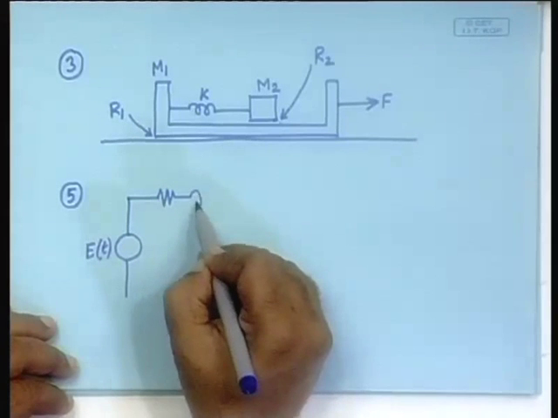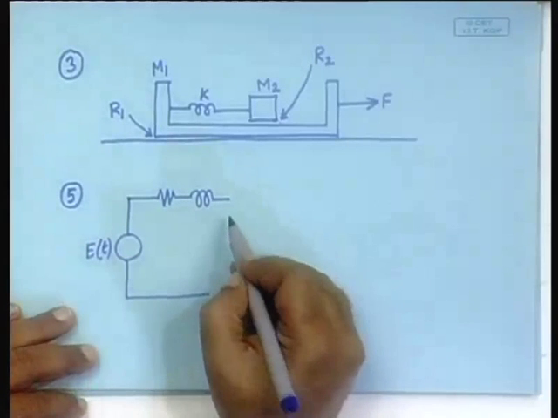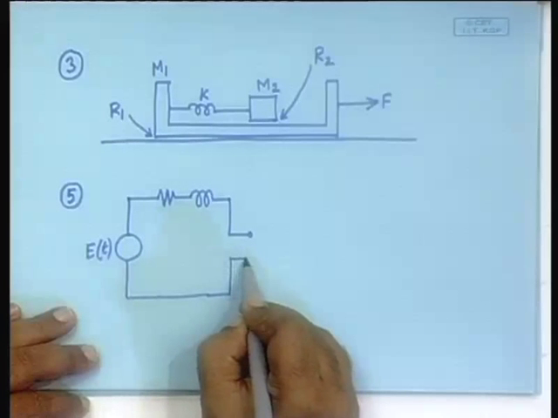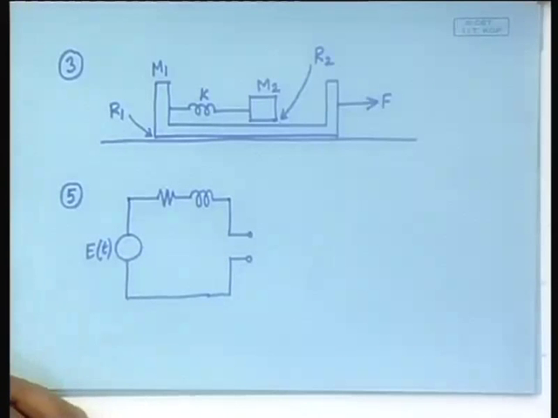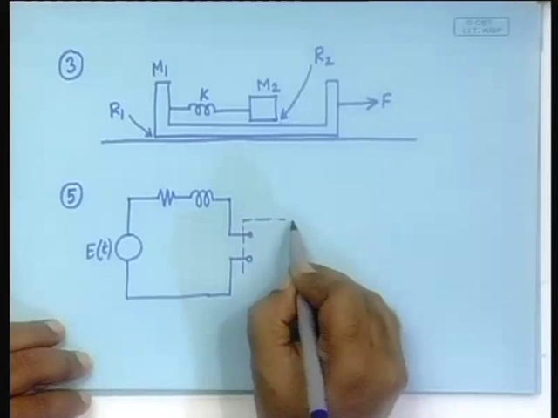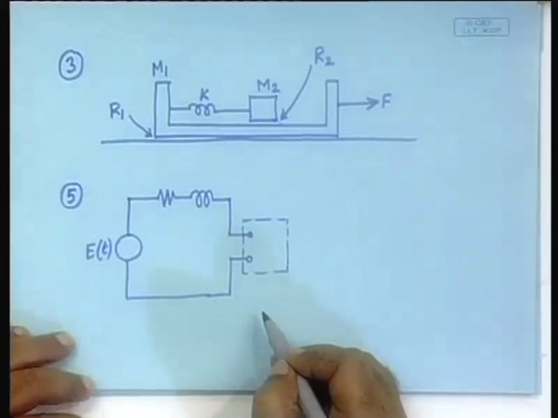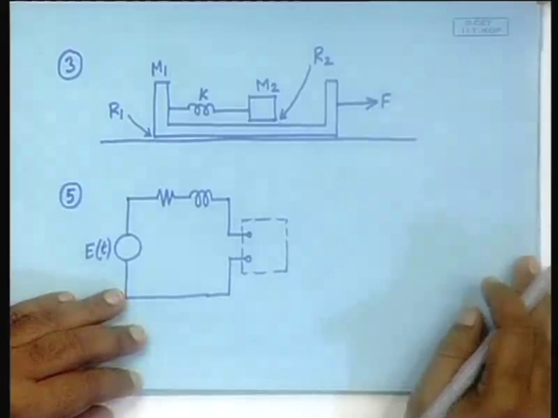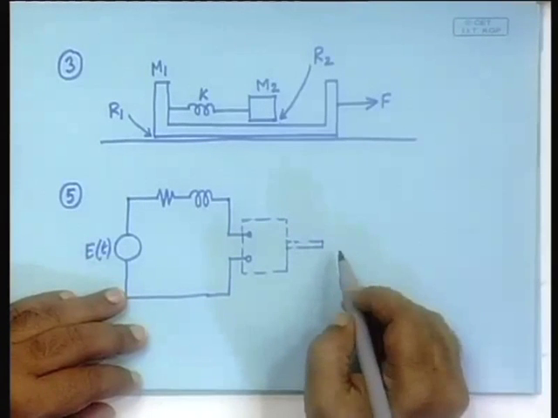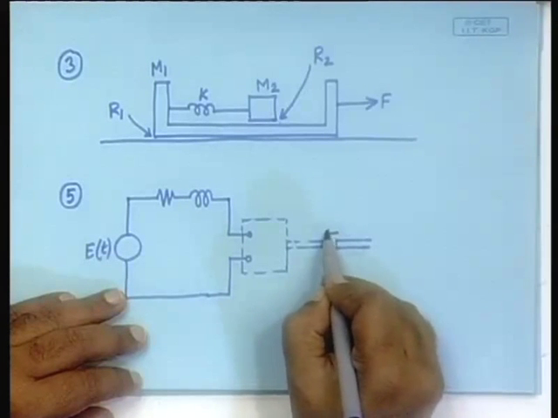A resistance and inductance will be there, because a winding will always have these things, and then you imagine that you apply this to these 2 terminals, and here there is some kind of a transducer that pulls it with a force F.